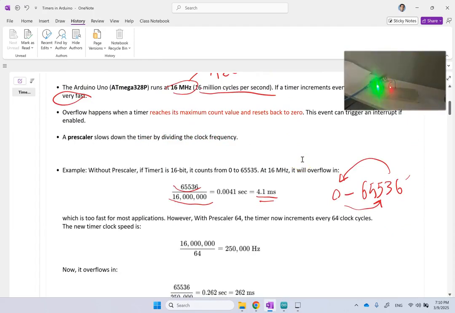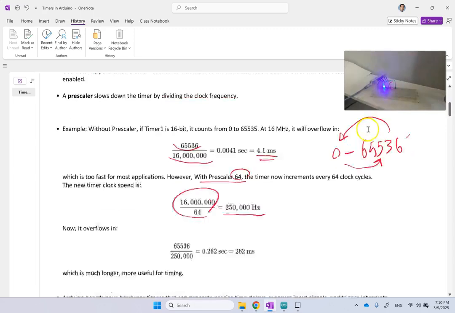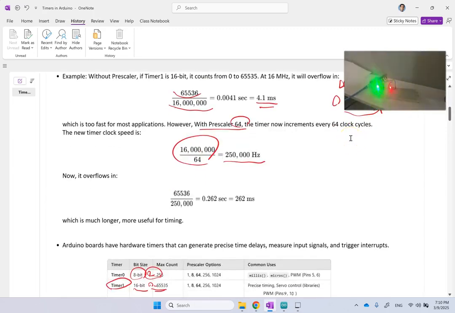Now, if I use a prescaler of 64, which is 6 of those 2's back-to-back dividing, your actual clock is about 250,000 hertz. So if you use timer number 1 and count 65,000 divided by that number, now it's about 262 milliseconds.